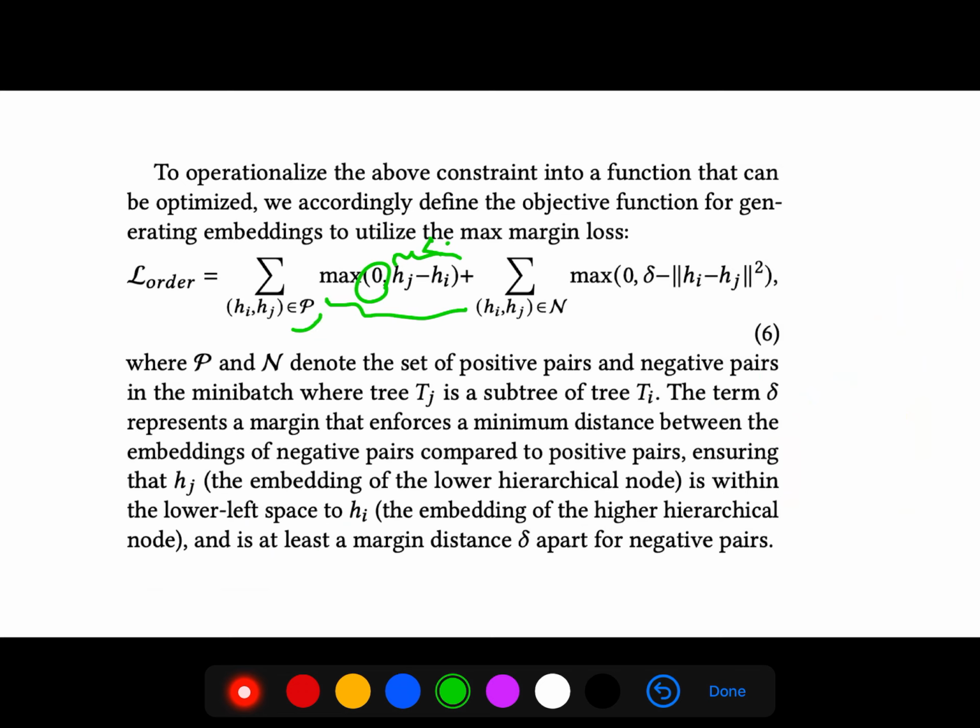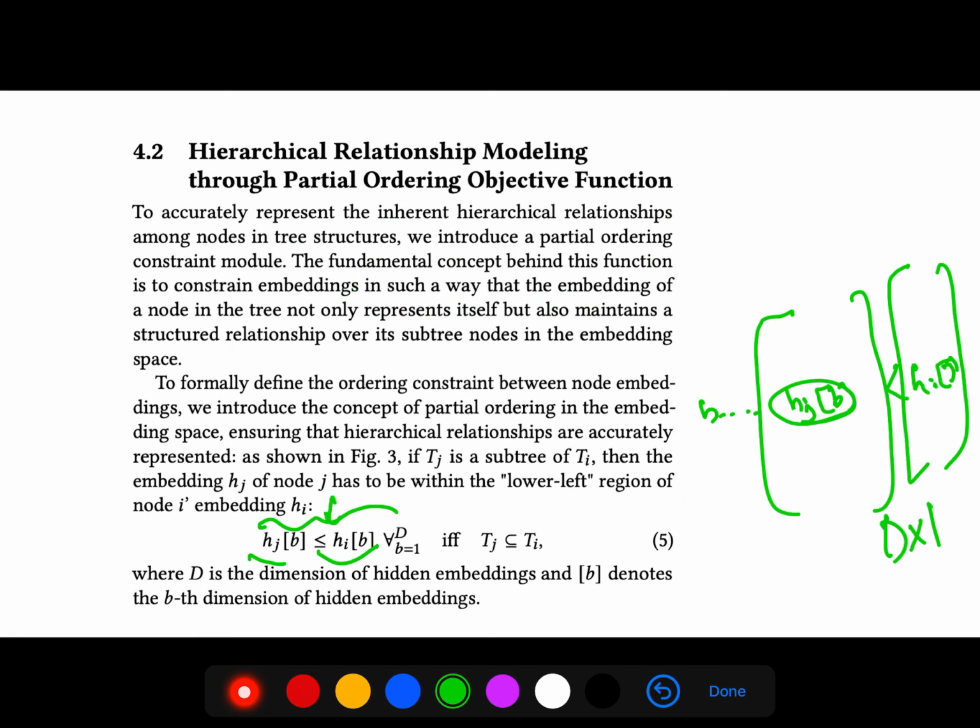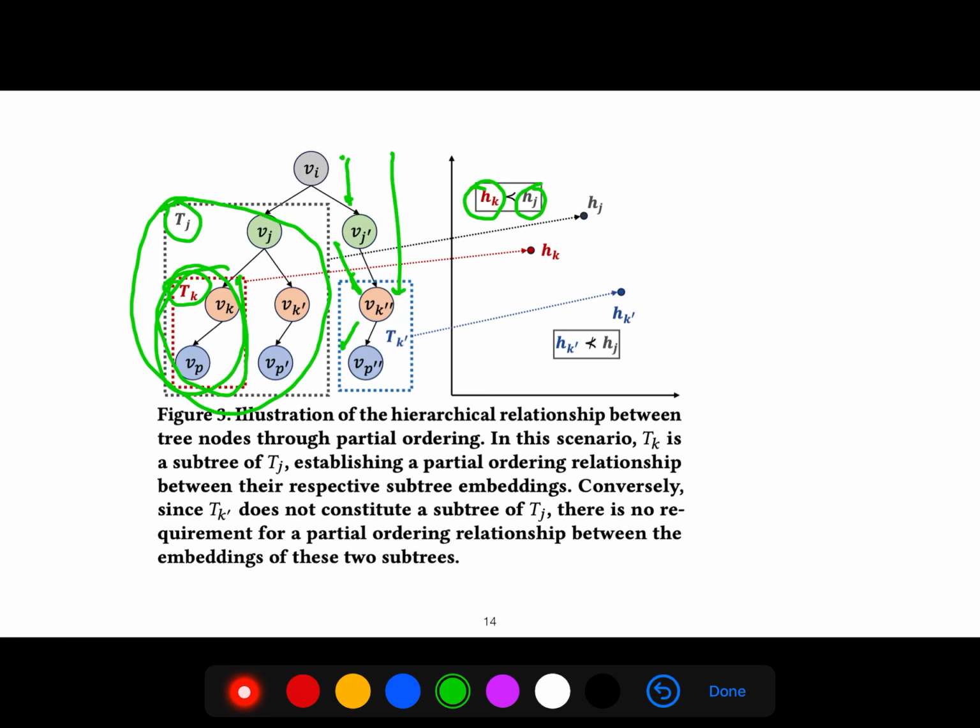And P and N here are just the sets of positive pairs and negative pairs in the mini batch, where tree T sub j is a subtree of tree T sub i. The term delta here represents the margin that enforces a minimum distance between the embeddings of negative pairs compared to positive pairs. So it's interesting that for each h sub i, h sub j, we are encoding them like this.